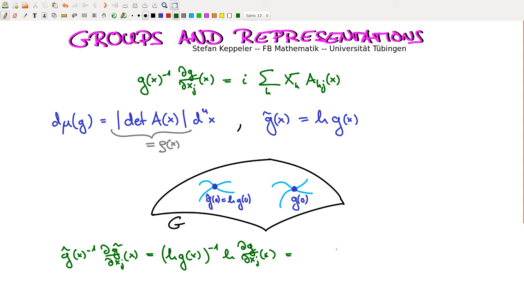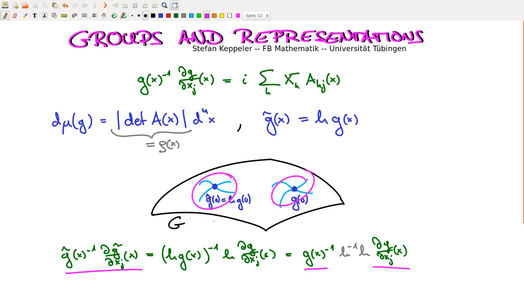But taking the inverse reverses the order, so we have g of x inverse h inverse h dg dxj of x. So the h's here go away, and we see that this is the same expression as this if we calculate the Haar measure here or here with this translated parameterization.